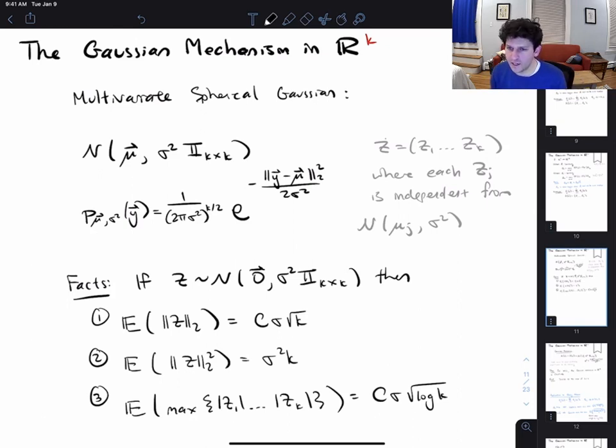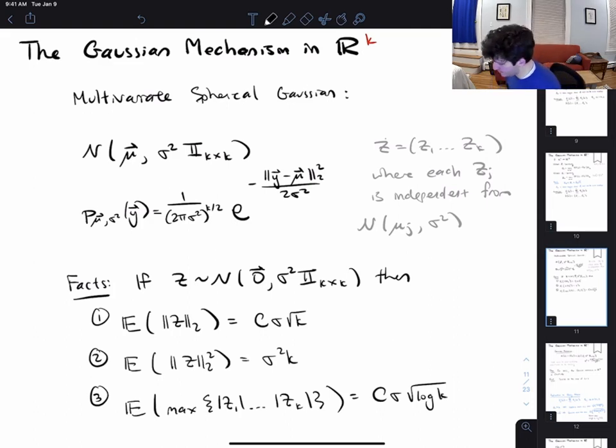So I'm just going to add a normal to every coordinate independently. And there are nice bounds on the tails of this distribution. For example, the expectation of the L2 norm of this vector is going to be about sigma times square root of k, and the largest entry in absolute value is going to be about sigma times square root log k.